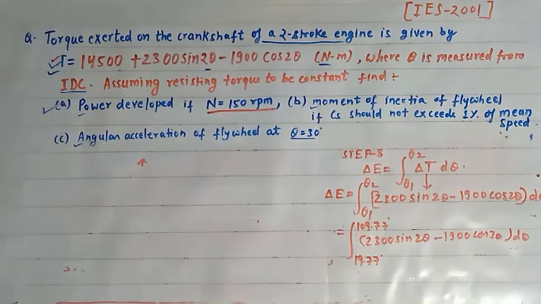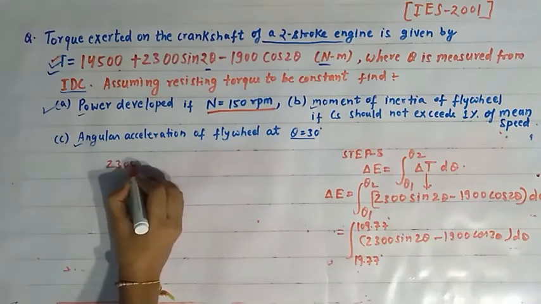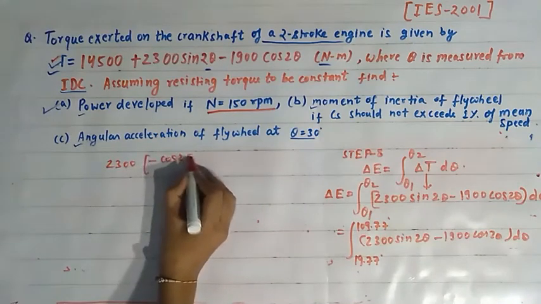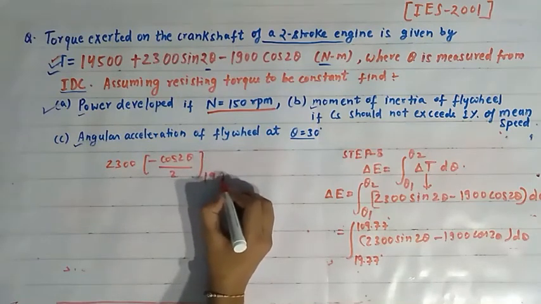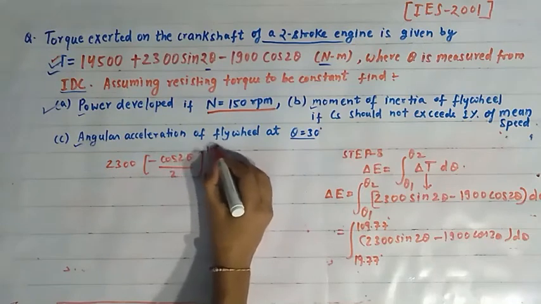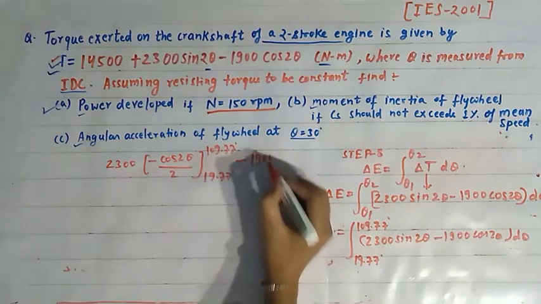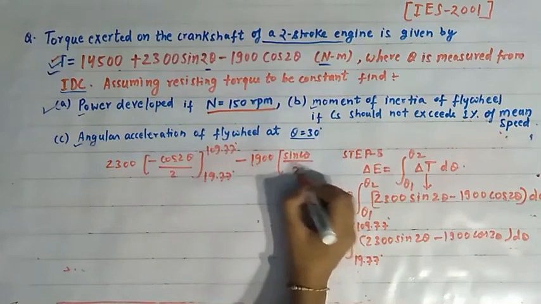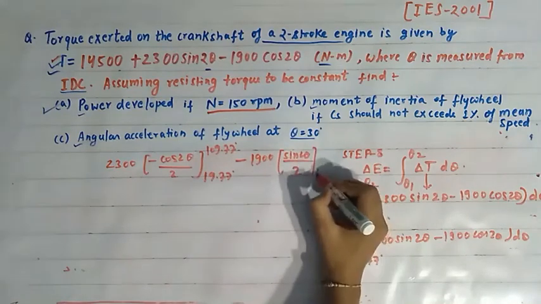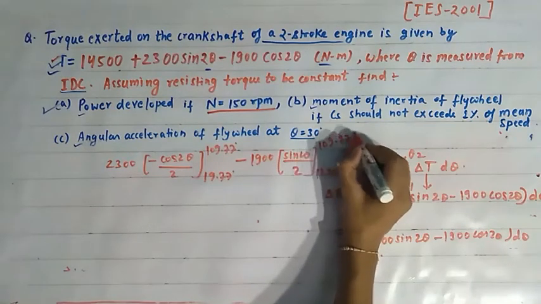So friends, the integration of sine 2 theta gives 2300 times minus cos 2 theta divided by 2, with limits from 19.77 degree to 109.77 degree, minus 1900 times sine 2 theta divided by 2, with limits from 19.77 degree to 109.77 degree.